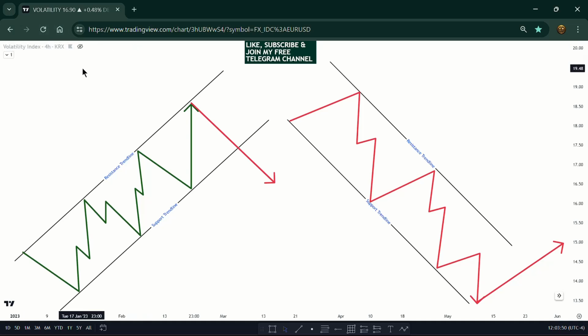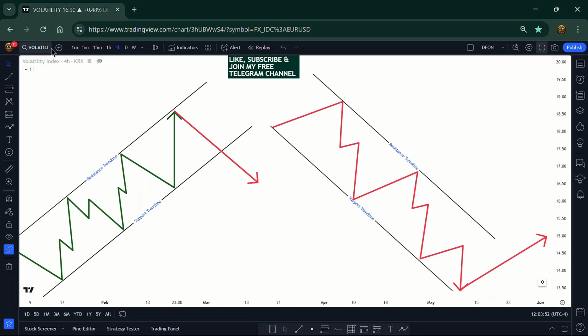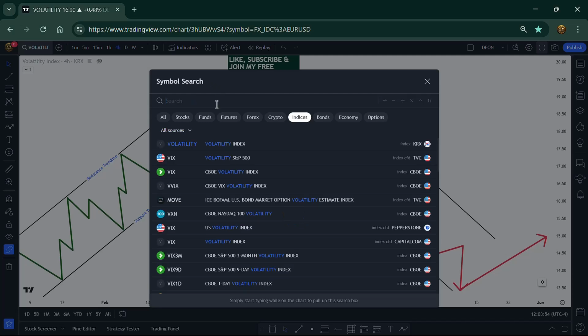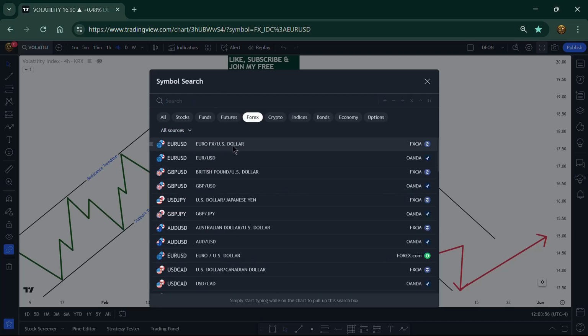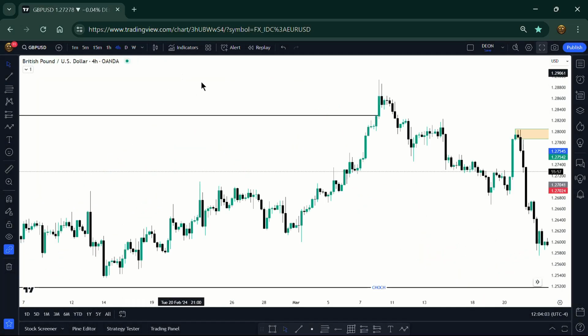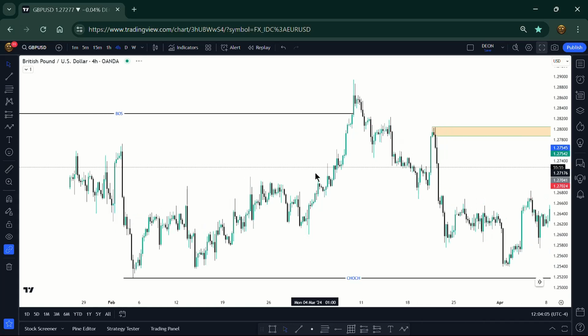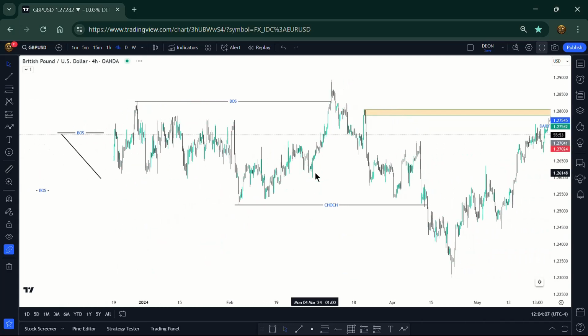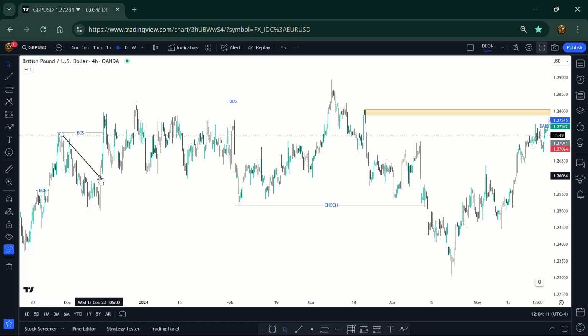Let me just look for my chart. Okay, we don't have to go that far. So this is my current chart. This one, I even drew some training.